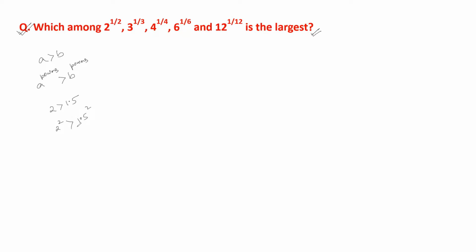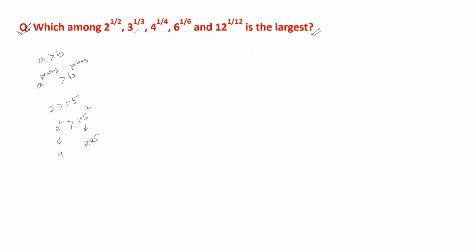So 2 square would also be greater than 1.5 square, as 2 square is 4 and 1.5 square would be 2.25. So if there are two positive numbers in which one is greater than the other, then the higher power of the greater number will also be greater than the higher powers of the smaller number.